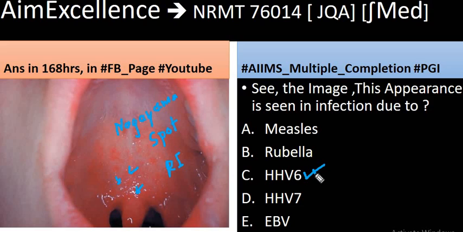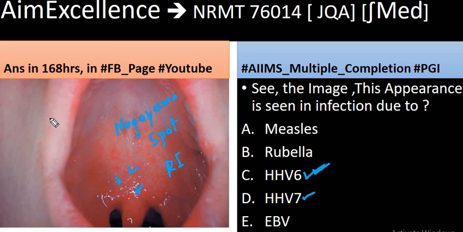If you have to mark one option, that is HHV6, HHV6B to be precise, and HHV7 also causes it. So this is a case of roseola infantum, seen in HHV6 and HHV7.